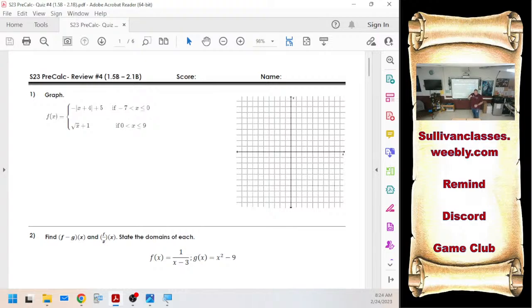Because, go to the first part of 1.5, that very first slide, look at all those parent function types. You had the constant function, you had an identity or linear function, quadratics, cubics, quartics, quintics, hexics, you can keep on going. There was square root, cube root, fourth root, there's absolute value, greatest integer. Y'all remember how to make greatest integer, the step functions?